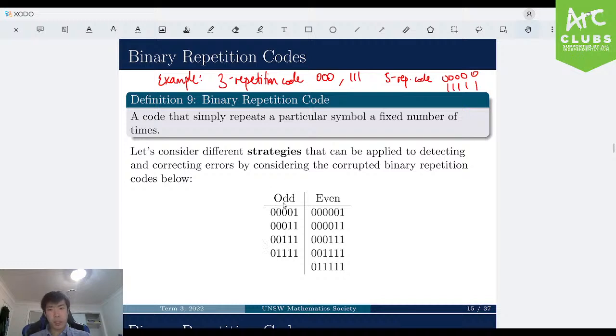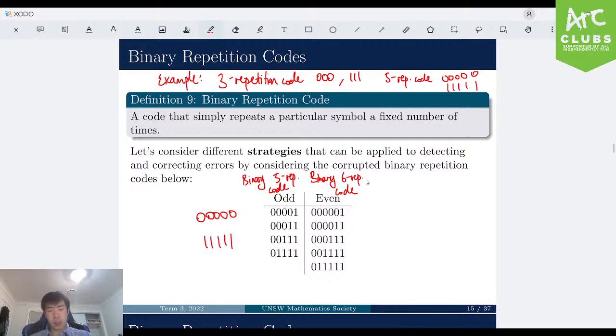We have a binary 5 repetition code of fixed length 5, where we should only ever see 0, 0, 0, 0, 0, or 1, 1, 1, 1, 1.